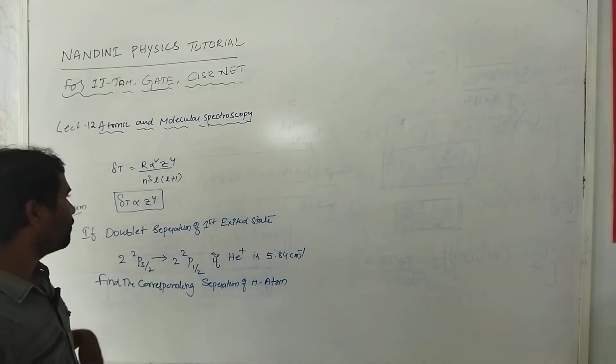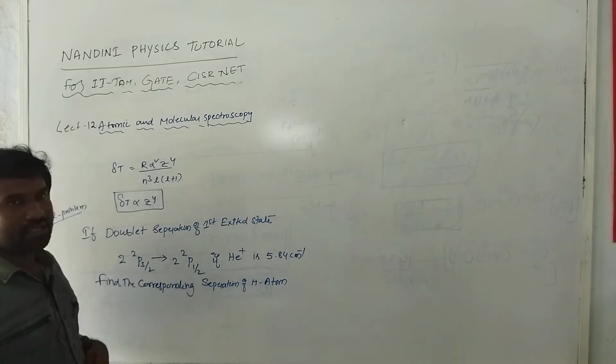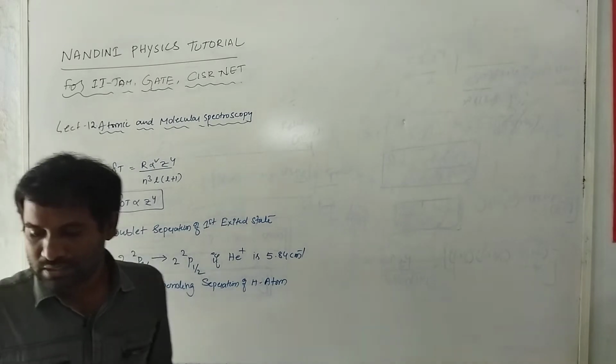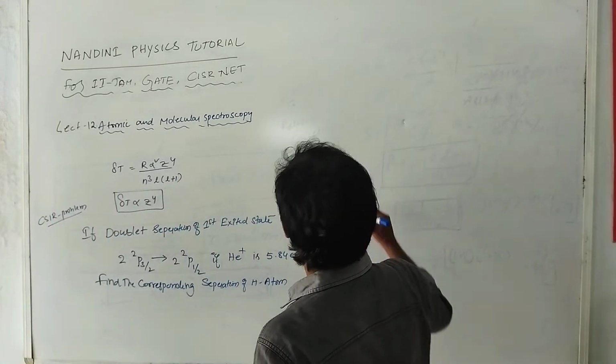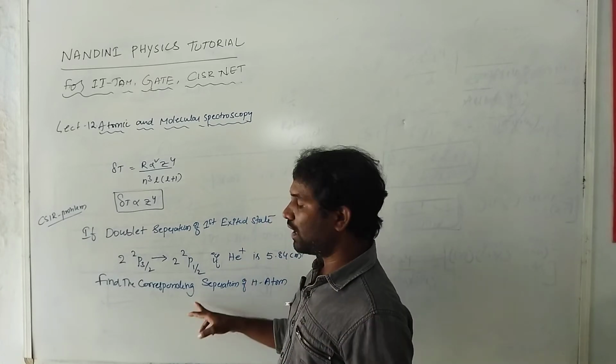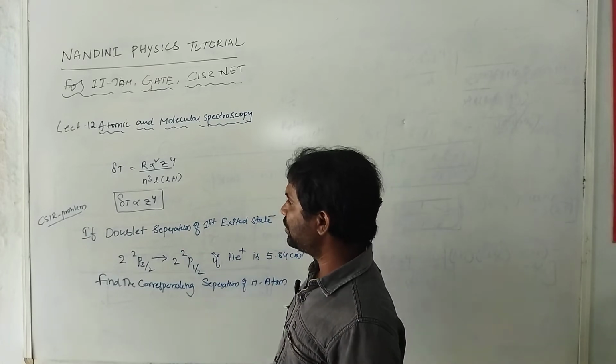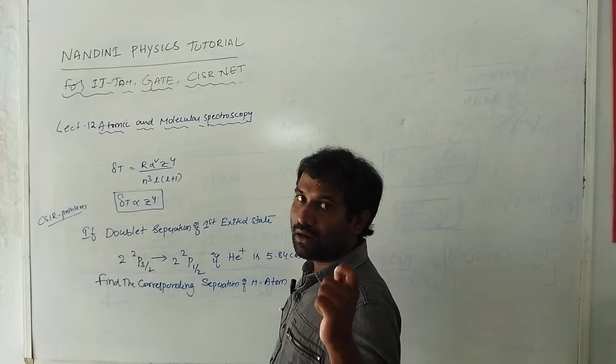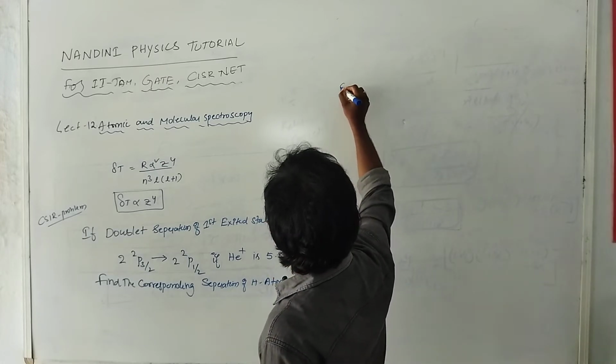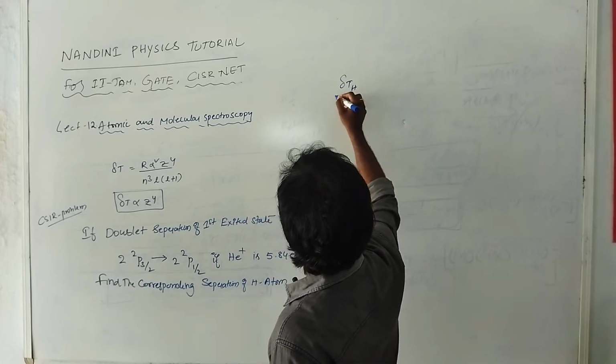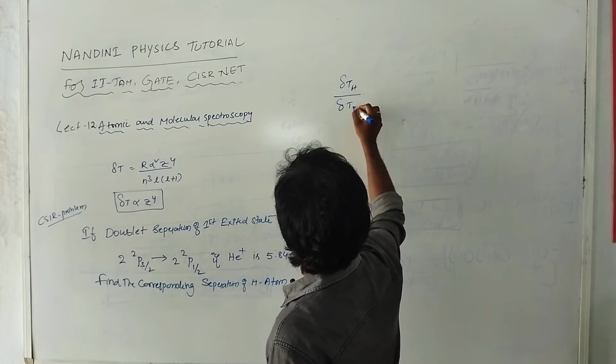First of all, I consider the same equation, delta T proportional to Z to the power 4. Here we are given helium and hydrogen, so you take the ratio, delta T hydrogen divided by delta T helium.